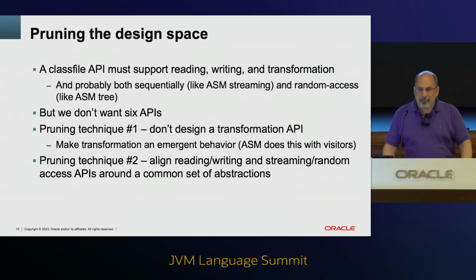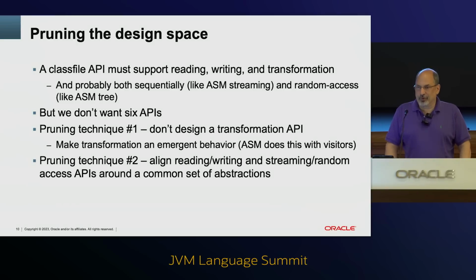So when you're thinking about what an API for this looks like, I had in mind this 2x3 box where there are 3 basic modes of the things that you want to do with a class file processing API: reading class files, generating class files, and transforming class files. And there's another dimension which you might describe as sequential versus random access.